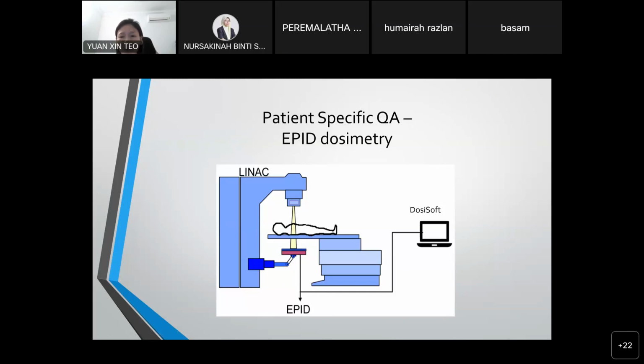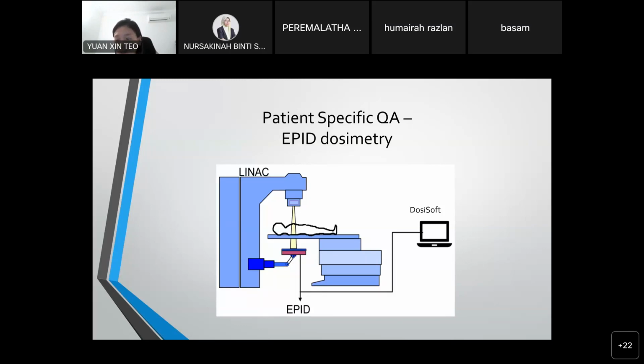Okay, not all centers have this because EPID dosimetry is quite new, maybe 3 to 4 years back. Maybe it is not yet widely used in the radiotherapy area.